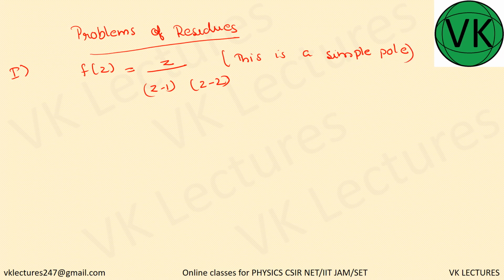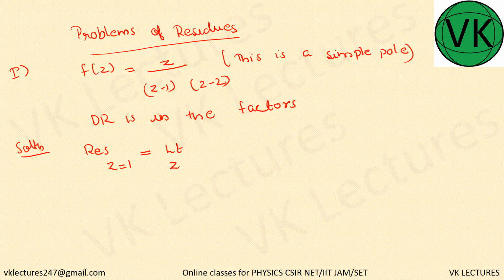So, simple pole. Here the denominator is in the form of factors. If the denominator is in the form of factors, for a simple pole we can find the residue at z is equal to 1 as limit z tends to a, (z minus a) into f of z, which is the general equation.